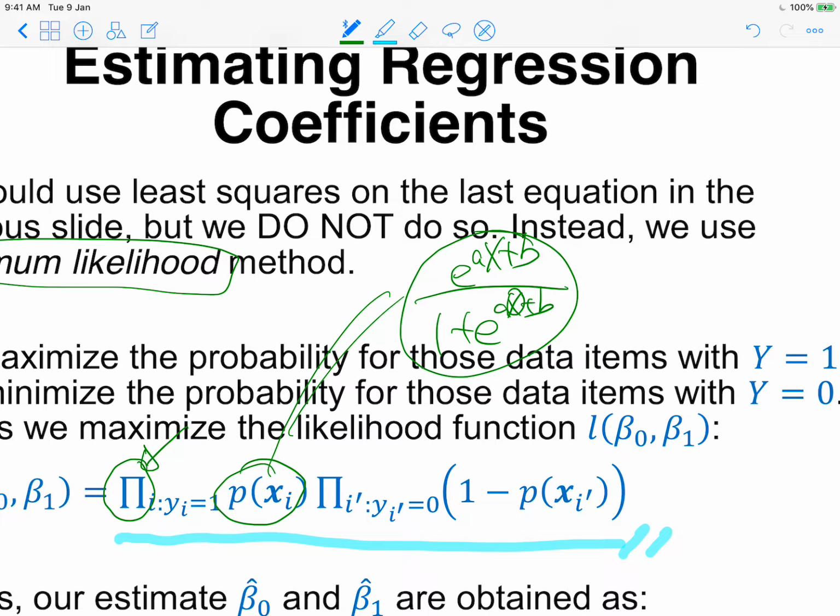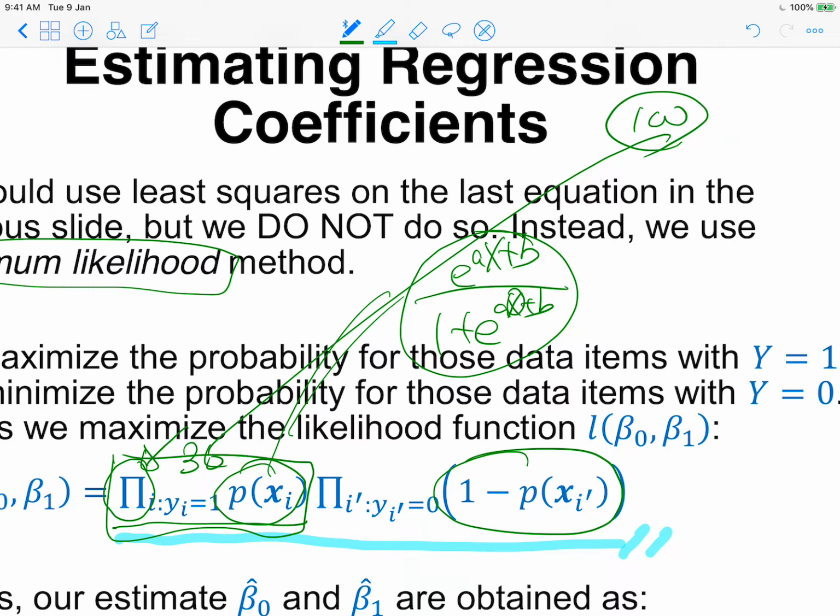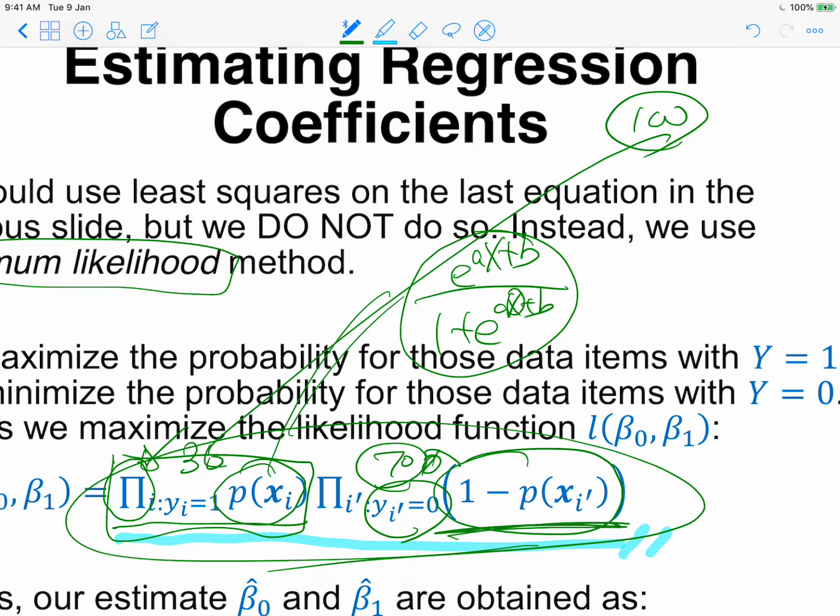I'm going to skip explaining why we use this product instead of a sum. But anyway, we formulate this as the probability of observing all the positive class observations, and 1 minus this guy corresponding to the probability of observing the negative class. Suppose we have 100 training data, 30 of them positive classes and 70 of them negative classes. For the 70 of them, we apply this guy, and altogether we multiply all of them to form the entire joint probability of observing each of our training data.